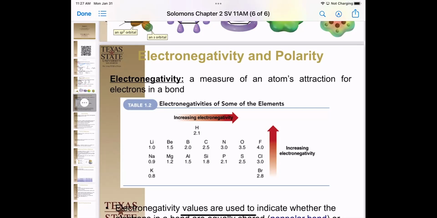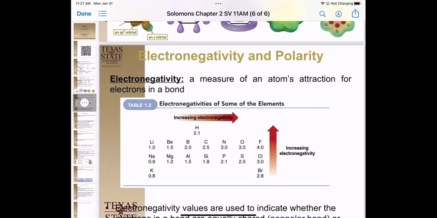That polar bond does three things. Number one, it lets you know that there is a reactivity difference between the two atoms. One is going to be slightly positive, one's going to be slightly negative because they have an unequal share of electrons because it's a polar bond. Number two, there's going to be a net dipole.